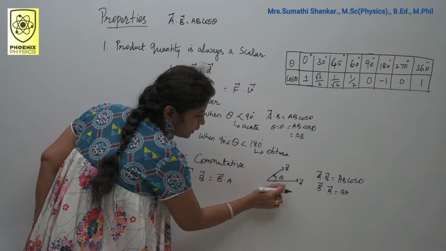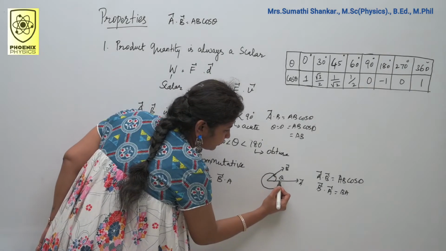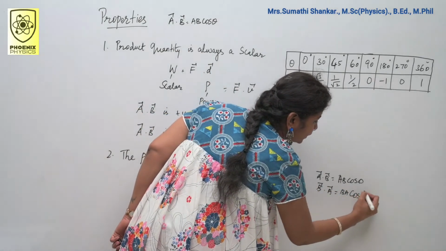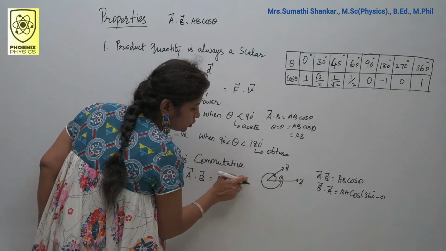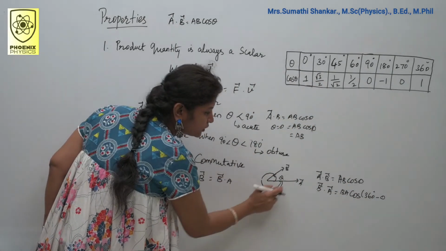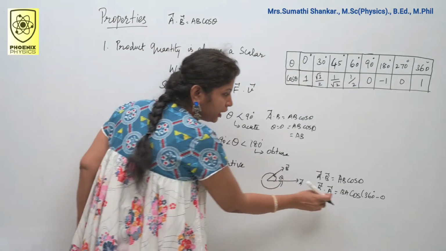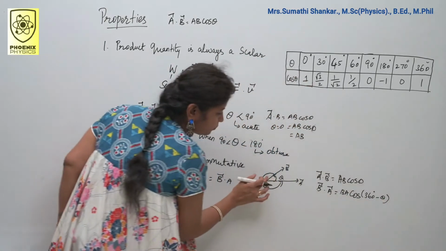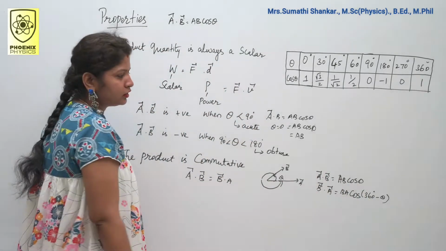This is my B vector and this is my A vector. For B dot A, the angle is measured in the anti-clockwise direction. So BA cos of 360 degrees minus theta. The whole circle is 360, and in between I have theta. That is why I have written 360 degrees minus theta.